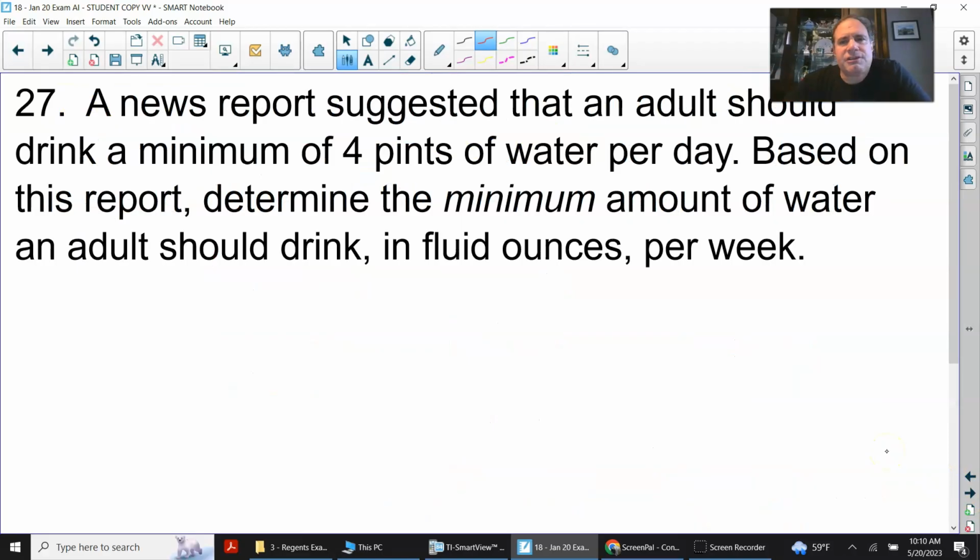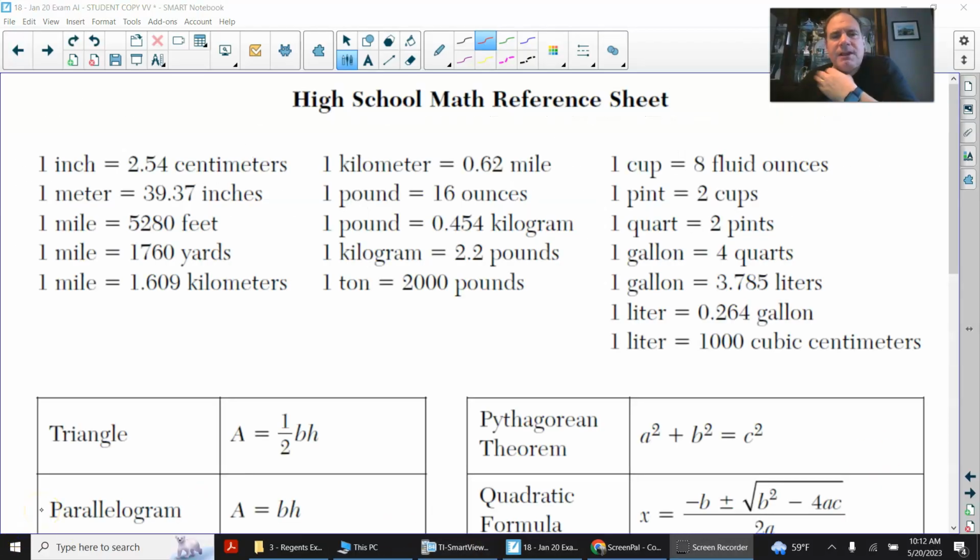A news report suggested that an adult should drink a minimum of 4 pints of water per day. Based on this report, determine the minimum amount of water an adult should drink in fluid ounces per week. So in order to do this problem, you have to go to this high school math reference sheet.